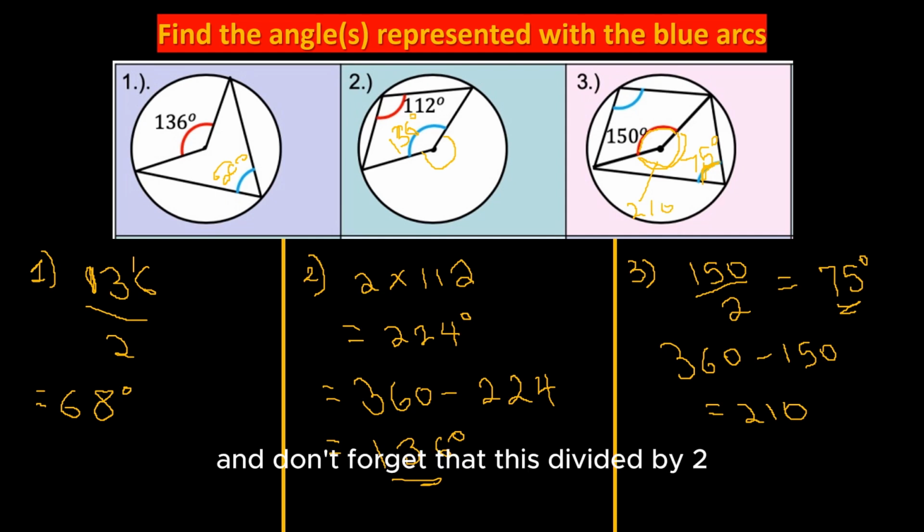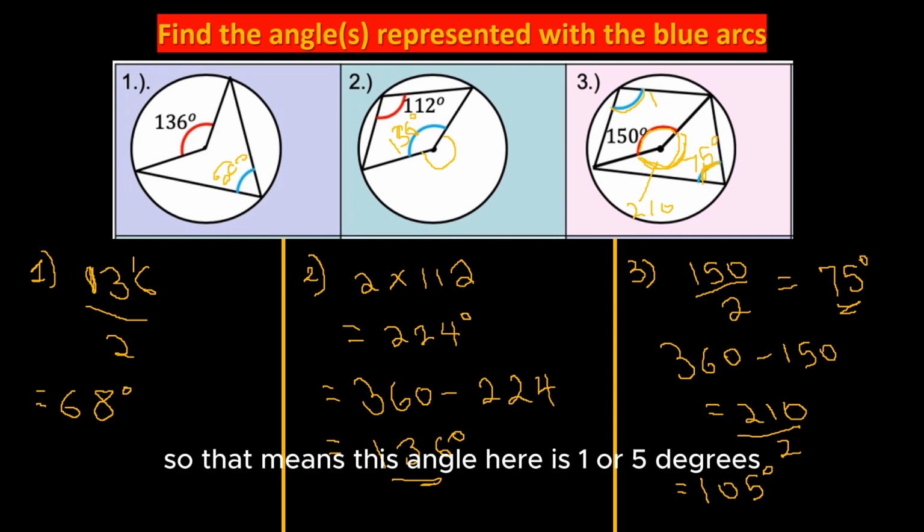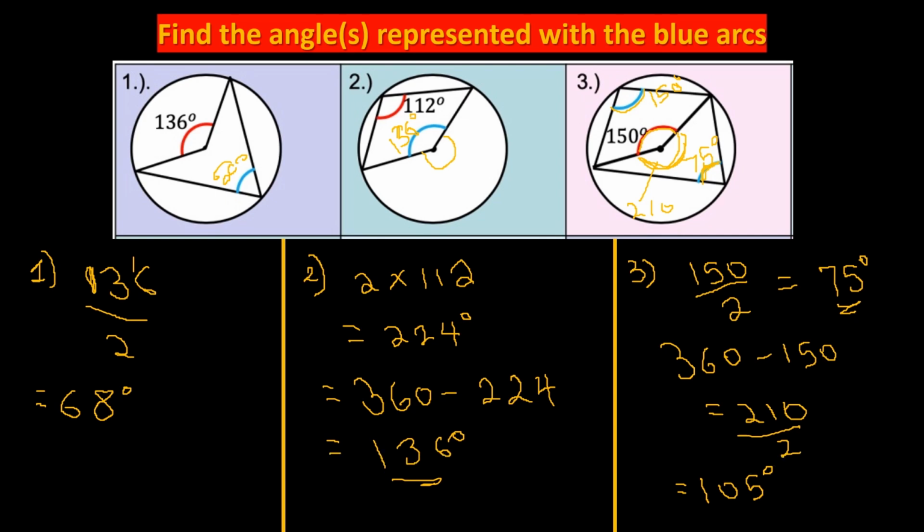And don't forget that this divided by 2 will give us this. So we can now do 210 divided by 2, will give us 105 degrees. So that means this angle here is 105 degrees. So the blue lines, one is 105 and the other one is 75 degrees.